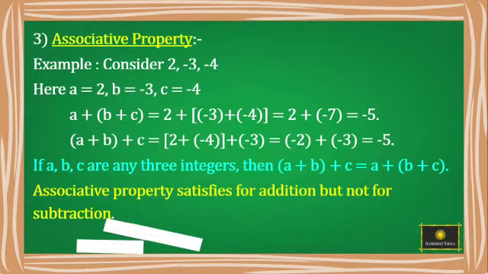The result is same. If a, b, c are any three integers, then a plus b plus c is equal to a plus b plus c, however grouped. Associative property is satisfied for addition but not for subtraction.